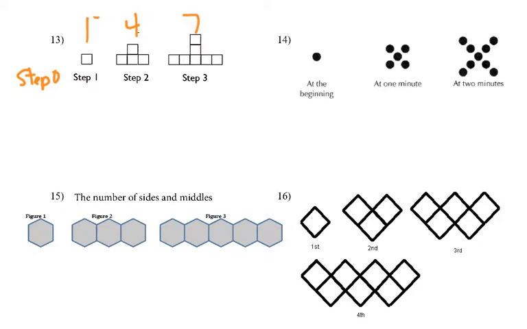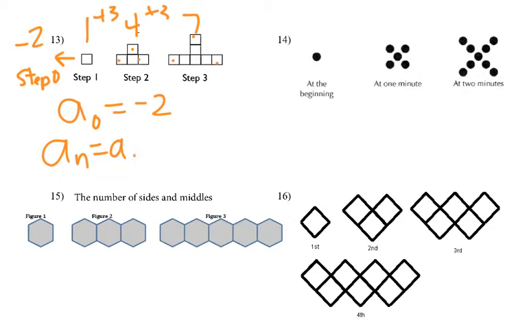So it looks like we're adding 3 each time, because we're adding one box on each appendage. So going backwards, I know this won't make a whole lot of sense, but we'd have negative 2 boxes. So a sub 0 equals negative 2, and a sub n equals a sub n minus 1 plus 3. There we go. Again, it's all about finding the growth and finding where it starts.